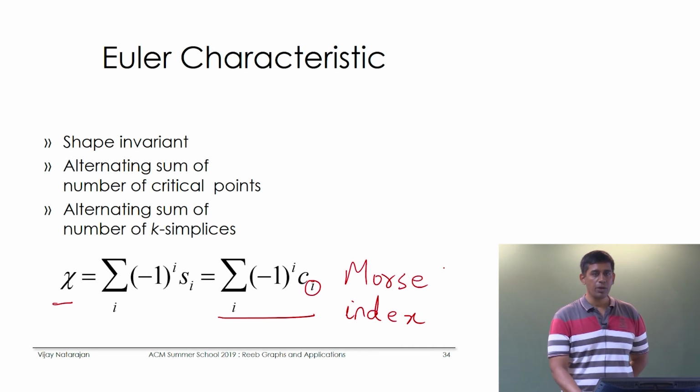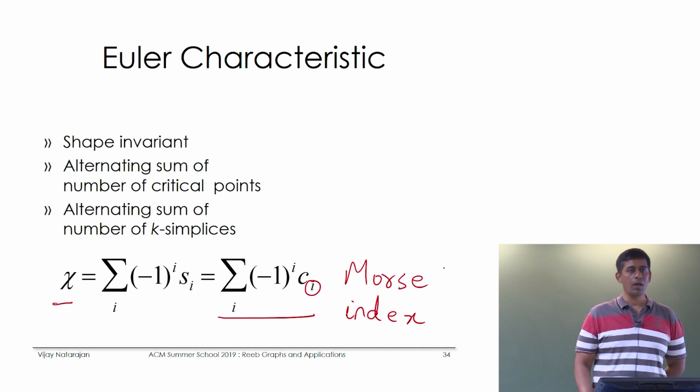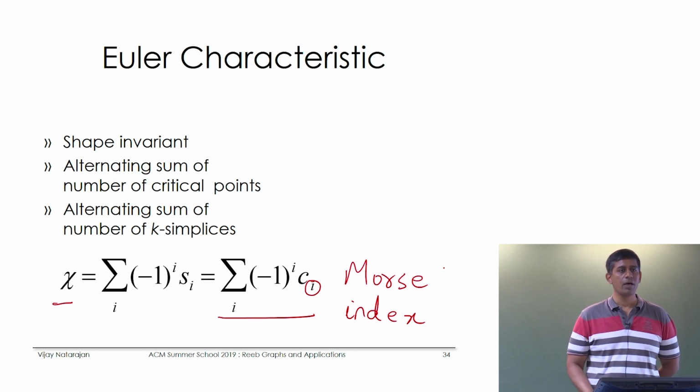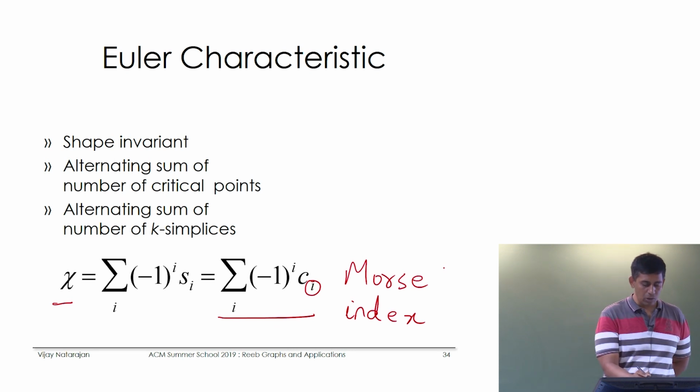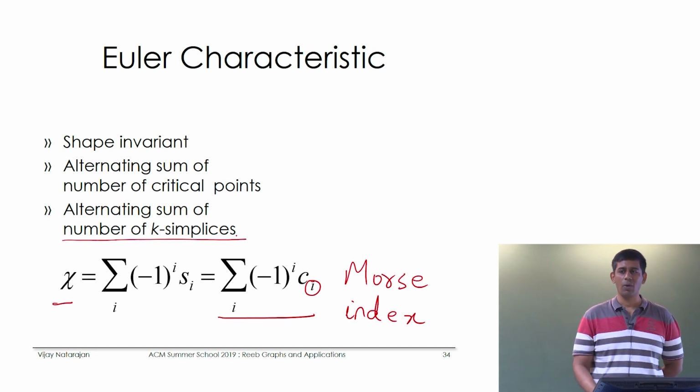What are you counting? The number of minima minus the number of saddles plus the number of maxima in 2D. It is alternating plus or minus. It turns out that this is also equal to the alternating sum of the number of so-called k-simplices. We will look at that a little bit later.